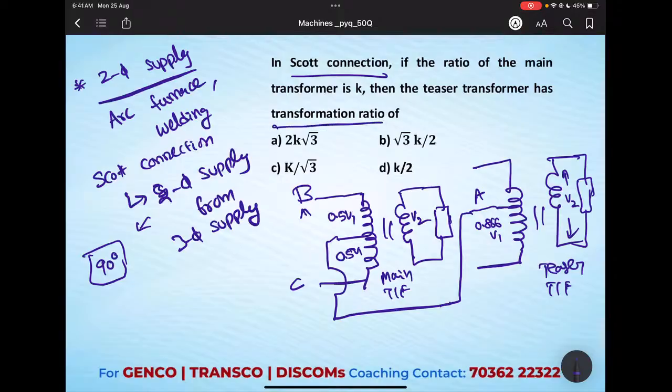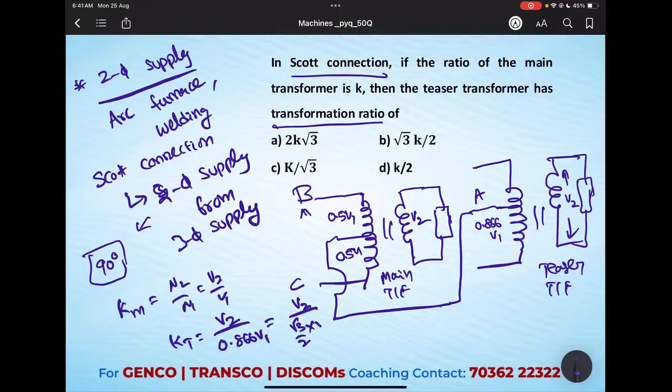ratio. First we will calculate the transformation ratio of main tank. K main tank is equal to N2 by N1 equal to V2 by V1. For TZ transformer, KT is equal to, what is V2? V2 is V2 and V1 is 0.866 V1. You can write it as V2 divided by root 3 by 2 into V1.